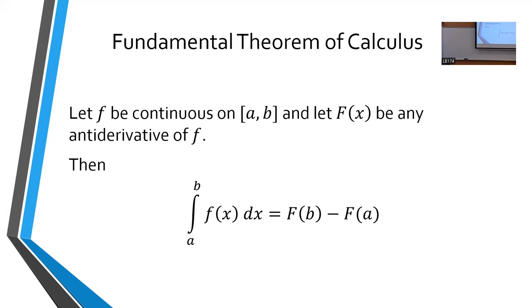These have to be the same antiderivatives, but that's the whole thing. So that's the fundamental theorem of calculus. If f is a nice continuous function, then I can find the signed area by use of the antiderivative. Right? That's the big takeaway.